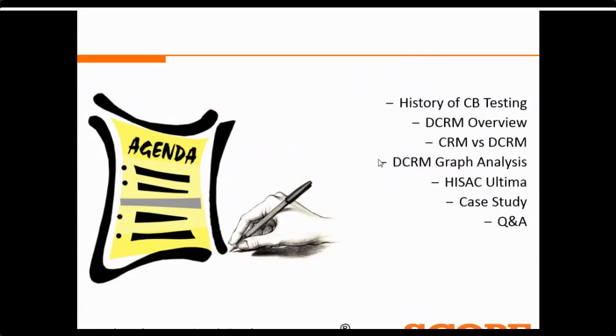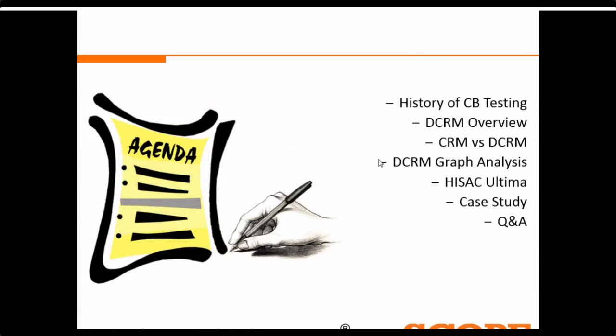Following will be the DCRM graph analysis, where we will explain in detail each and every point of the DCRM graph: what is the occurrence, what is the circuit breaker state. After that, we will go to the product, the HiSec Ultima.